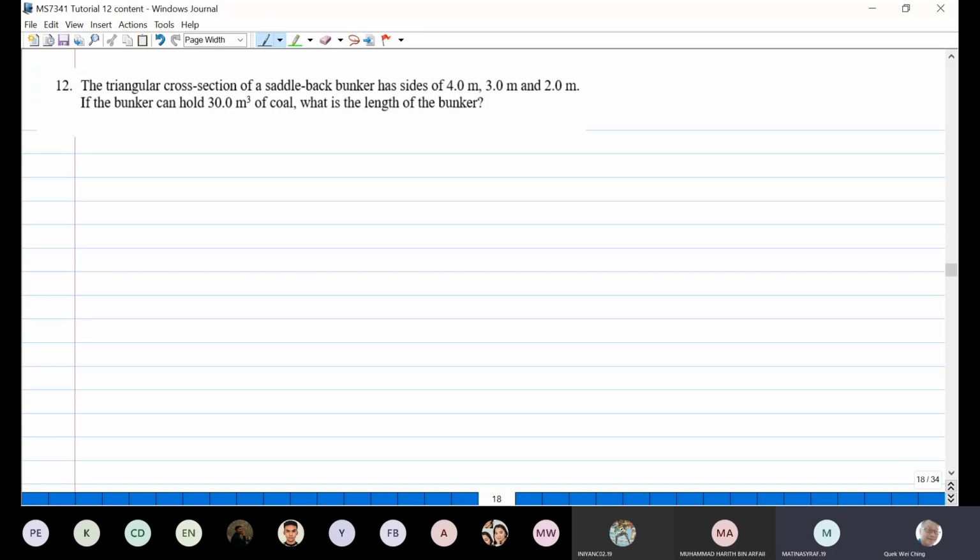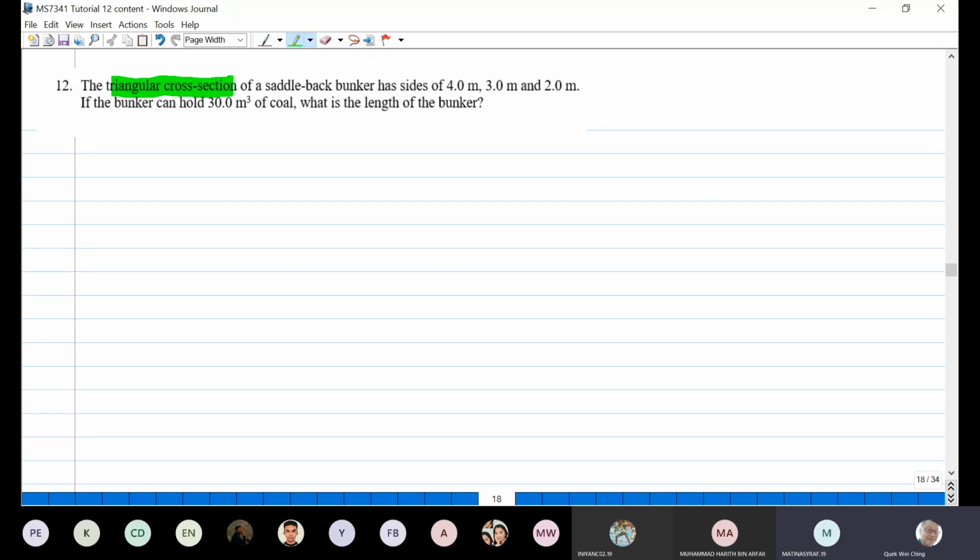A triangular cross-section of a center back bunker has sides of 4, 3, and 2 meters. If the bunker can hold 30 meter cube of coal, what is the length of the bunker? Oh, this one is very easy, right? So first of all, you look at the triangle. They tell you that this is a triangular cross section.